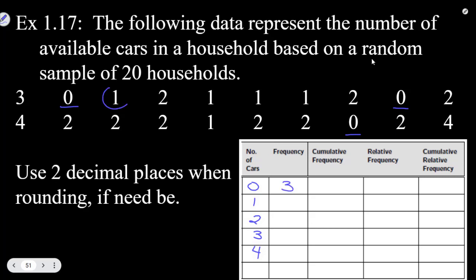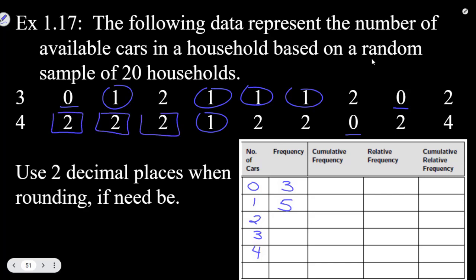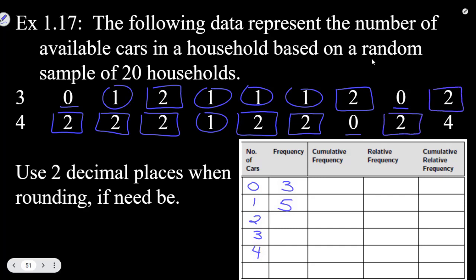We have 1, 2, 3, 4, 5 ones. We have, let's see, 1, 2, 3, 4, 5, 6, 7, 8, 9 twos.